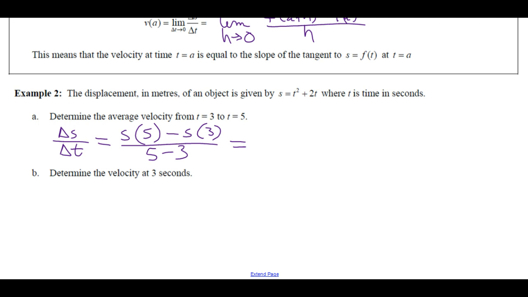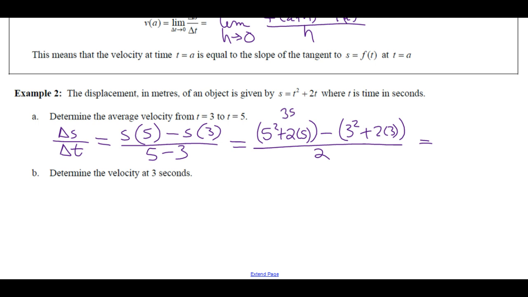So we've got 5 squared plus 2 times 5 minus 3 squared plus 2 times 3, over 2. So we write 25 plus 10 is 35, and 9 plus 6 is 15.